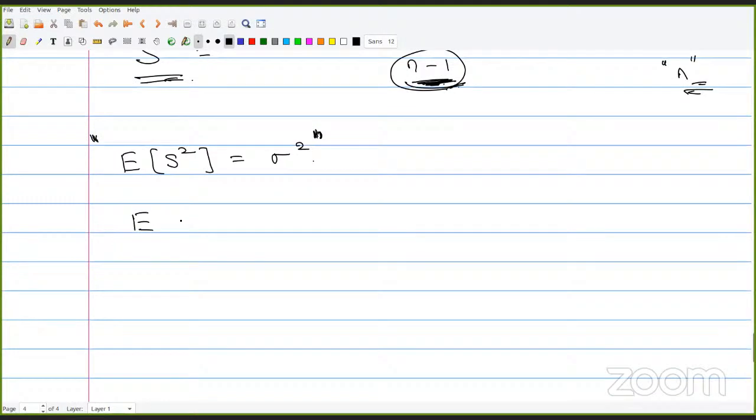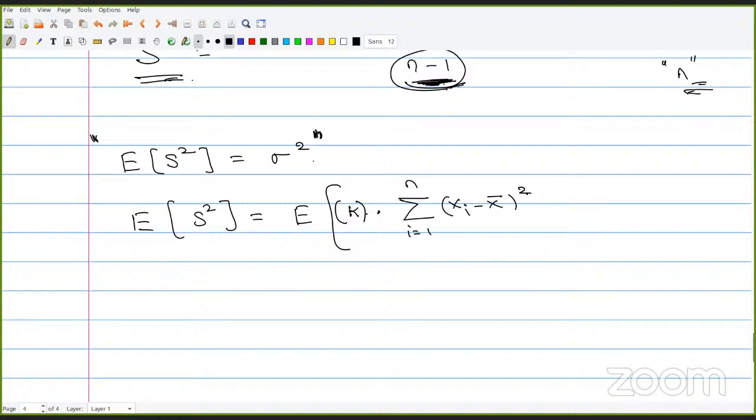See, the expected value of S square will be equal to the expected value of, I don't know whether it is divided by n minus 1 or anything, so I just say it is some k that I should multiply. So k times, in the numerator, summation i equals 1 to n of (xi minus x bar) whole square.